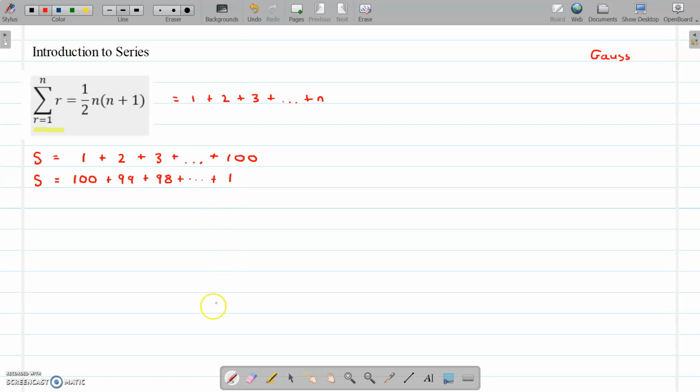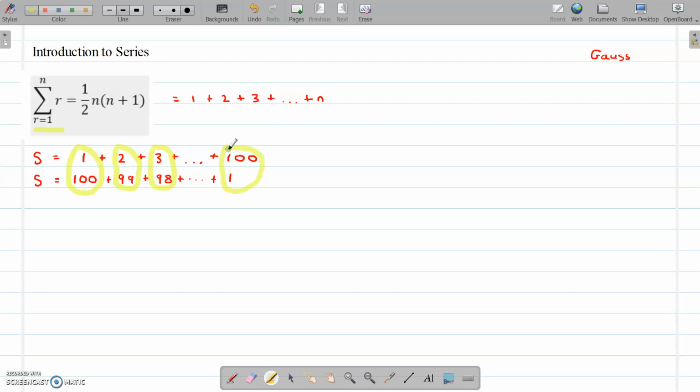And of course, if you look carefully, every pair of numbers, top and bottom, add up to the same total, 101. Okay, 101, 101, and even right through, all the way through, right to the end, 100 plus 1 is 101.